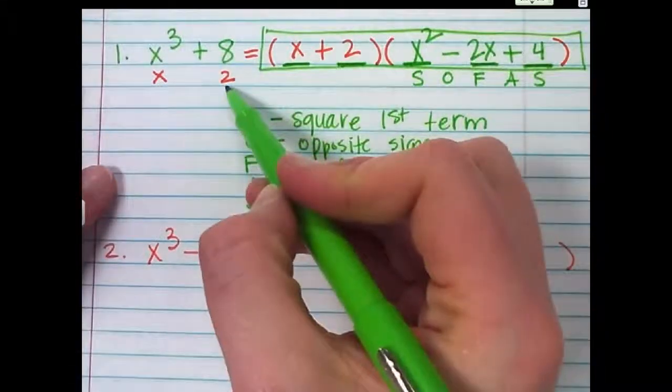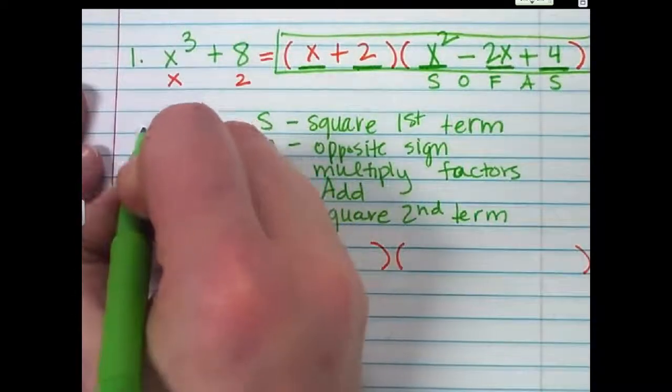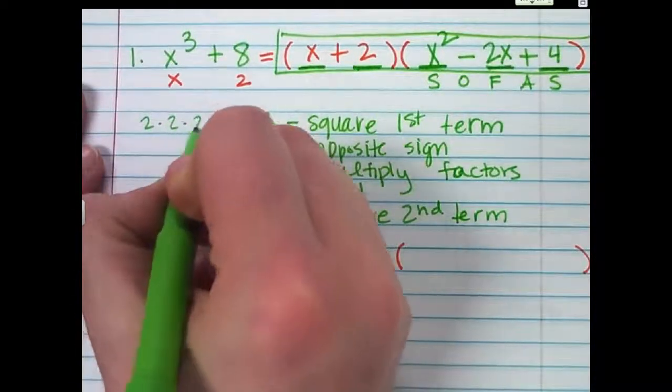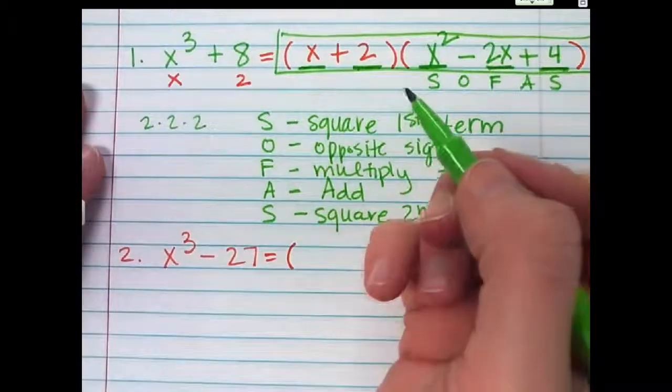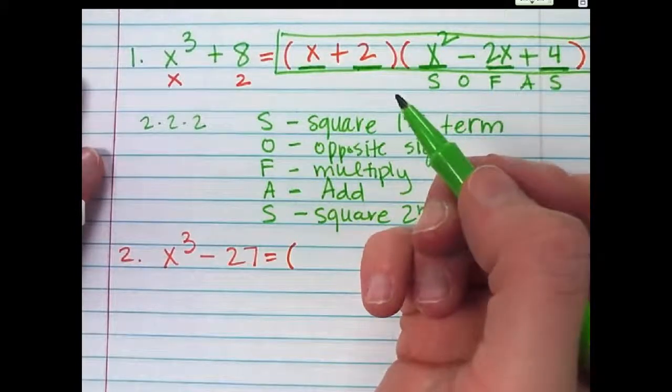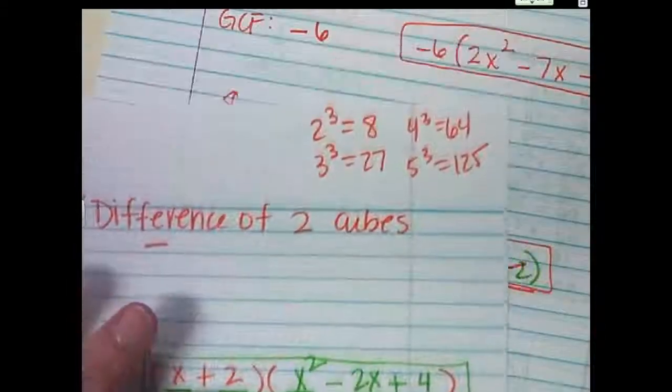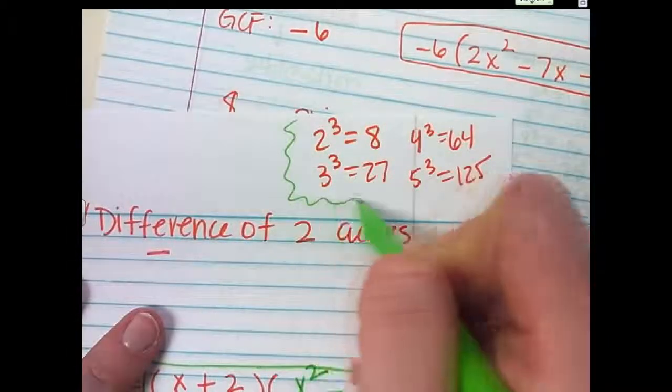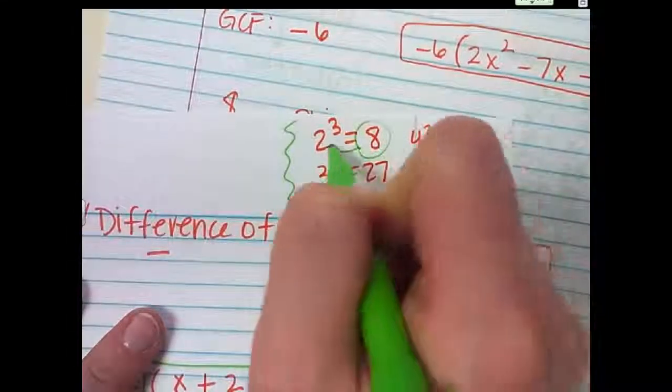Because I'm doing cube, it has to be 2 times 2 times 2 is what gives me 8. And that's where it's a little tricky. And that's why these numbers up here will all be helpful. Because you can see 8, and then I go over here and I say, oh, it's 2.